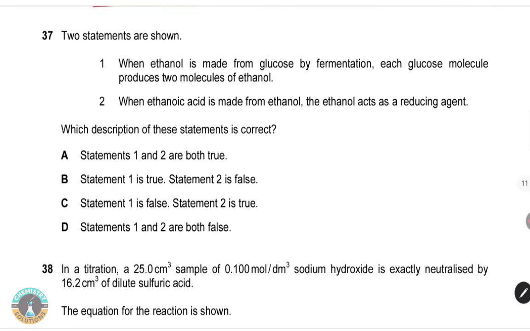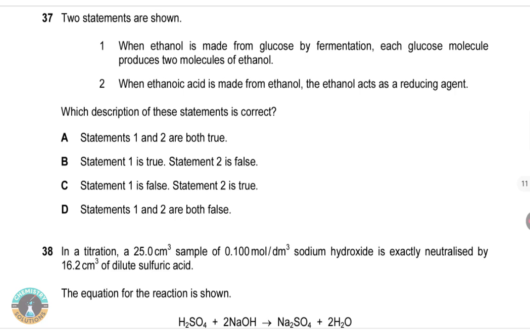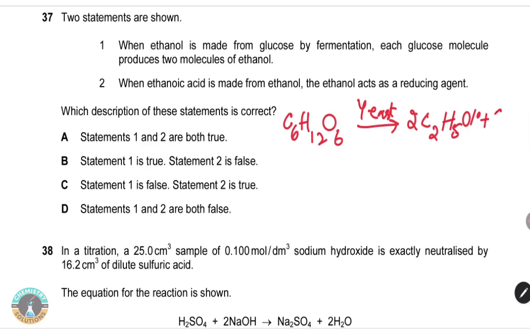Two statements are shown. When ethanol is made from glucose by fermentation, each glucose molecule produces 2 molecules of ethanol. Yes, this one is correct. I will write the equation here. C6H12O6, and we use fermentation in the presence of yeast, it will give us 2 molecules of ethanol plus carbon dioxide gas.